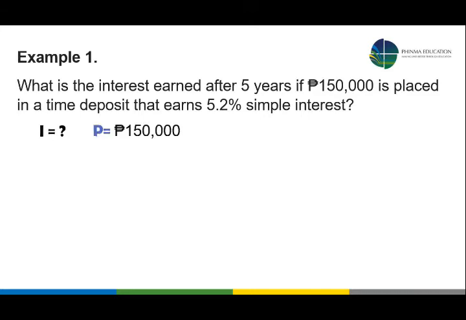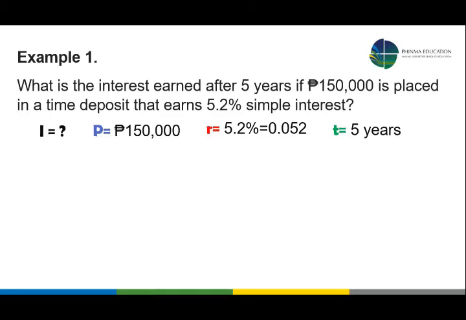So we have a principal of 150,000, a rate of 5.2%, or equivalent to 0.052 in decimals. We need to convert the percent form into decimals for it to be computable. That is moving the decimal point 2 places to the left, or omitting the percent symbol and dividing by 100 for it to be in decimal form, and a time of 5 years.